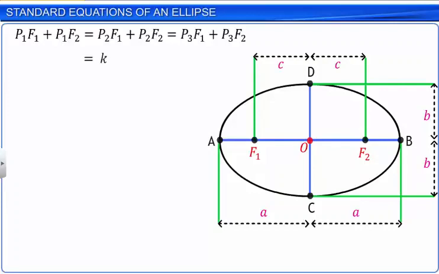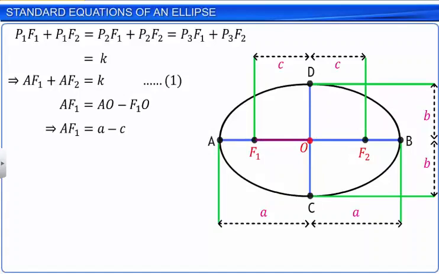Let k be the constant equal to the sum of the distances of any point on the ellipse from its foci. Since vertex A lies on the ellipse, the sum of distances AF1 and AF2 is also equal to k. Let this be equation 1. Now, AF1 is equal to AO minus F1O, or the length of the semi-major axis a minus distance c of focus F1 from the center.